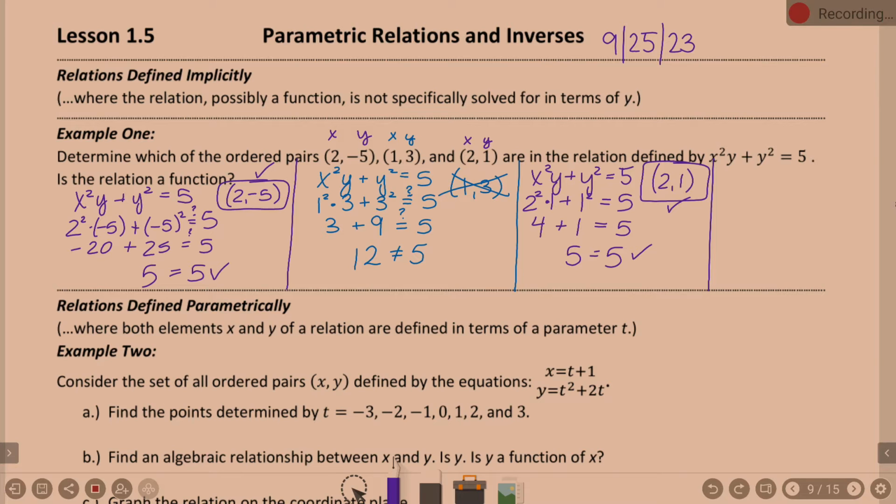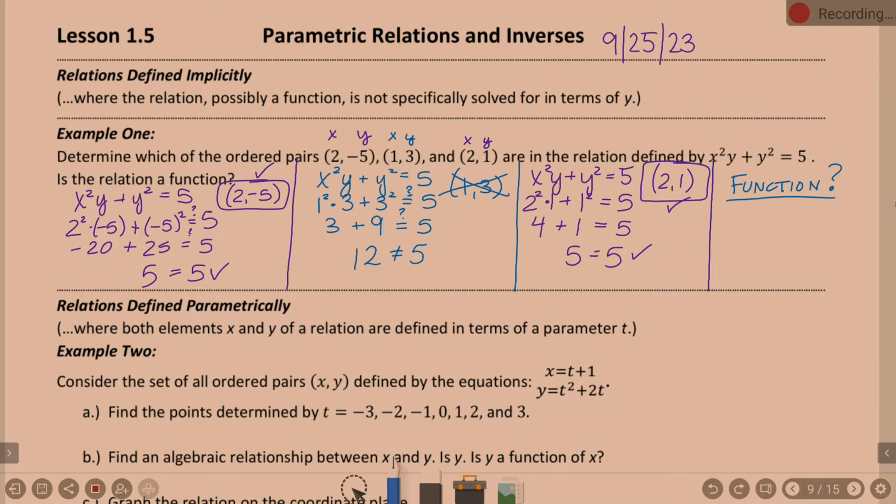And then the other part, is the relation a function? Is my relation a function? No. Why not?